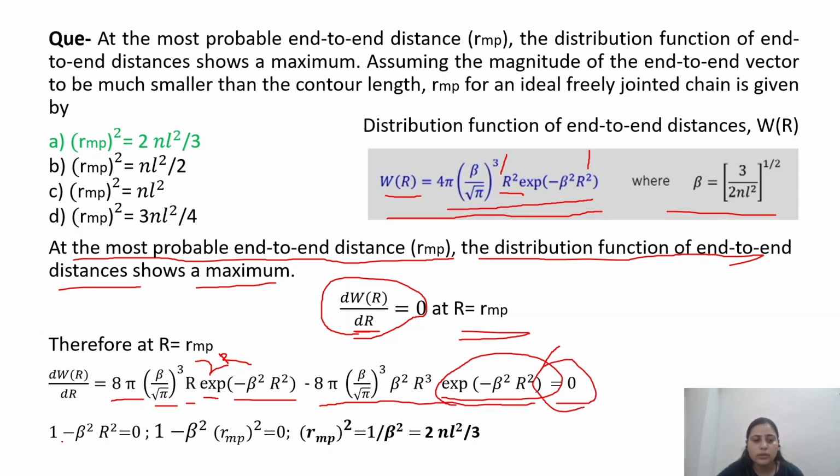So now simplifying this, we will get 1 minus beta square r square equals 0.